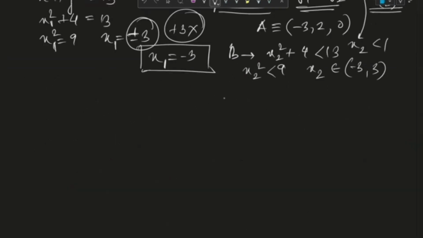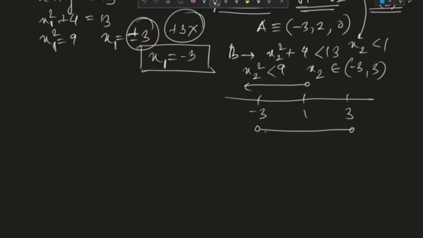If we draw a number line, here is minus 3, here is 1, and here is 3. So this is minus 3 to 3. I have opened the circles because this is an open interval, and less than 1 is something like this. So this is the common region with minus 3 and 1 both excluded. So x2 belongs to minus 3 to 1.